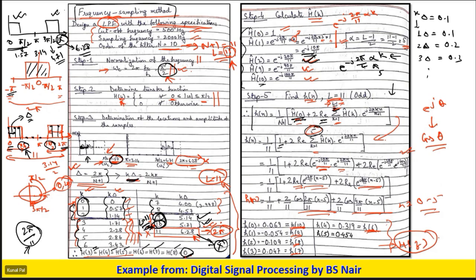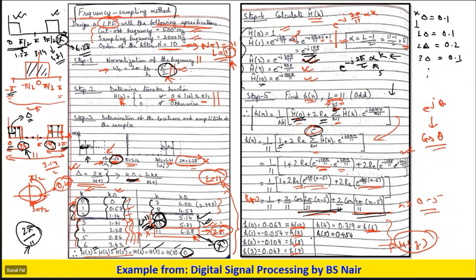Okay. So you get this, then you take only the real values. After you have taken the real values, if you vary the n values from 0 to 5, you will be getting all these values.